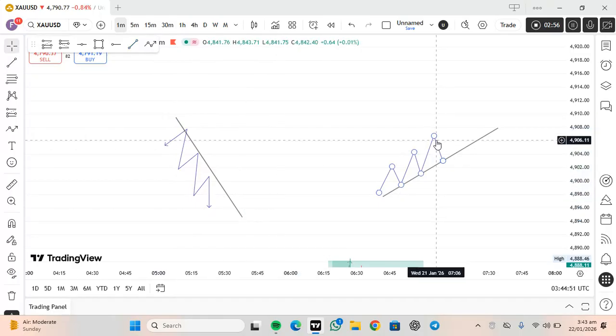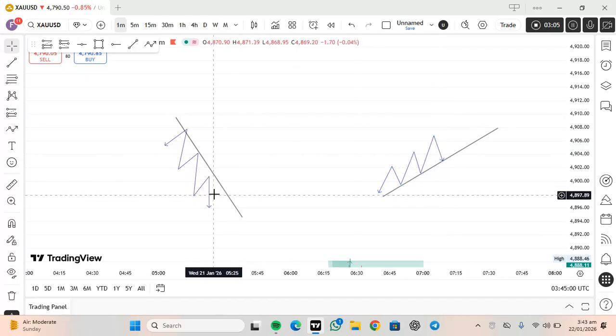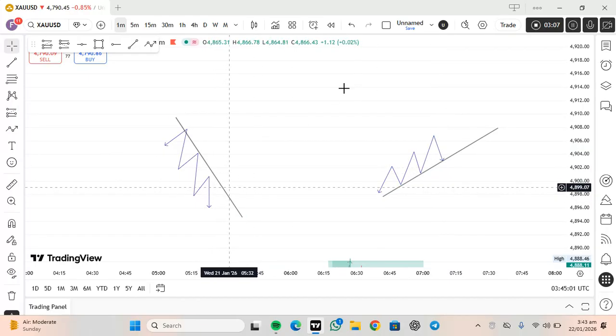Because as you can see, it created a lower high, sorry, a higher low. So what do you expect now? You expect price to move higher.